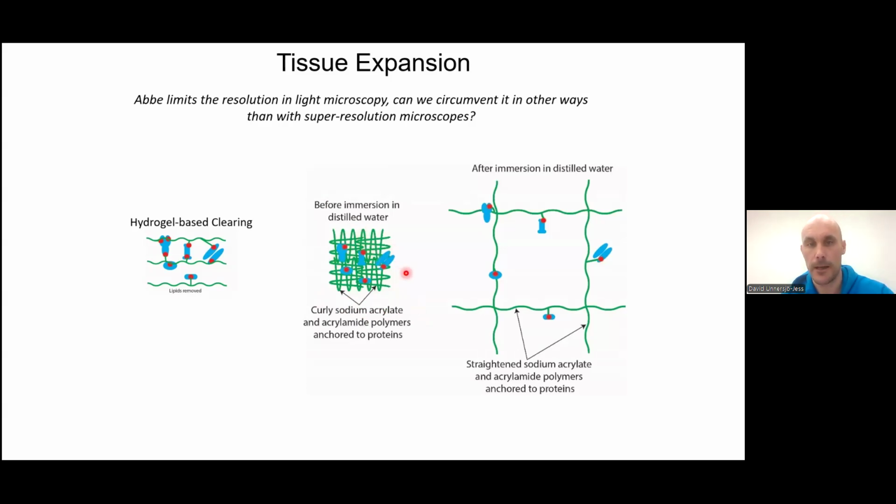If you then attach your biomolecules to this hydrogel and move this sodium acrylate gel into a salt-free environment, so distilled water, these polymers will straighten up. So you have moved all your molecules further away from each other, and your whole sample is now expanded. So you can image it at super resolution with a conventional microscope. That's the whole idea.